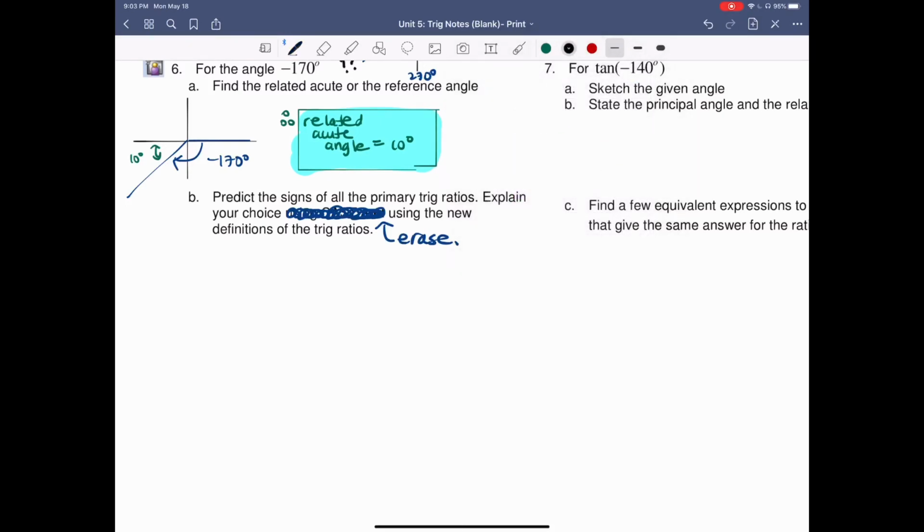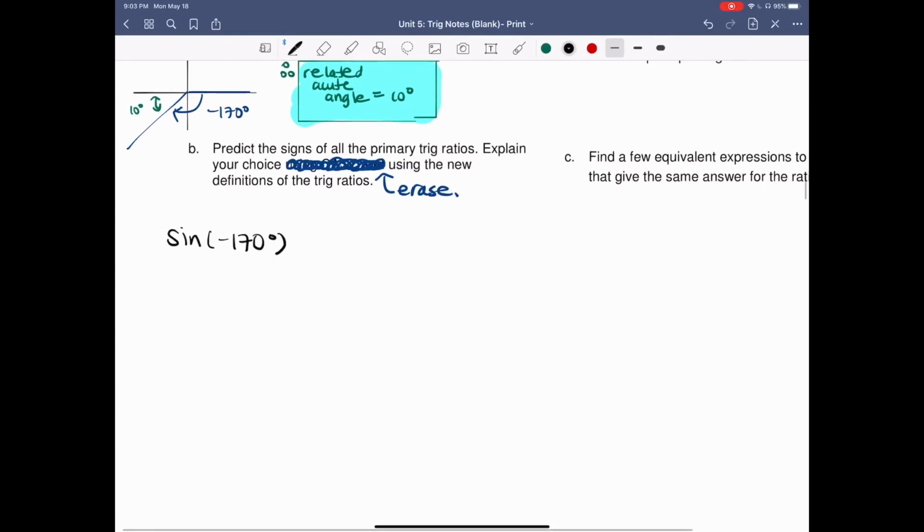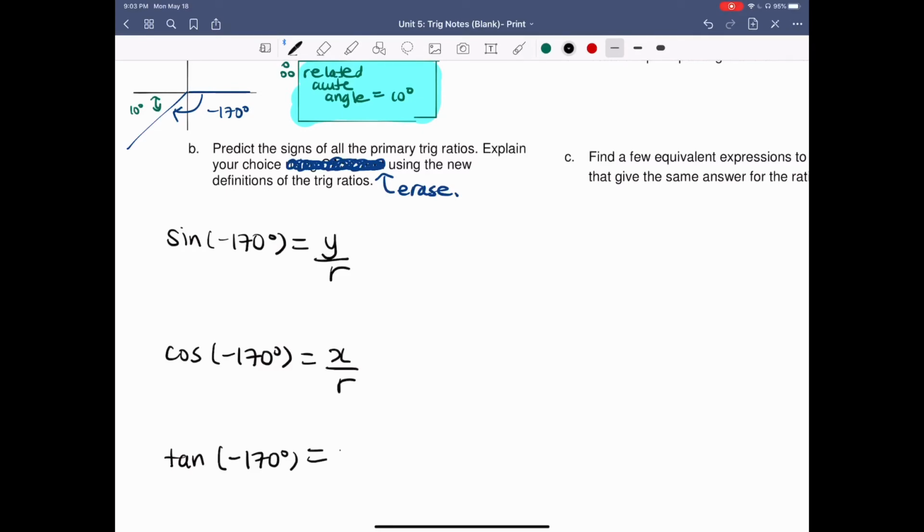So if you have sine of negative 170 degrees, that's finding one of the three primary trig ratios, right? Cos of negative 170 degrees and tan of negative 170 degrees is what they want you to find out. We found from the new definition of the trig ratios that this is actually equal to y over r, x over r, and y over x. You should know that the radius is always positive.